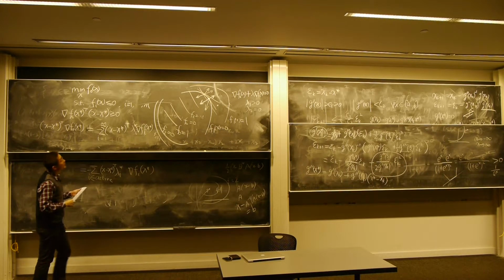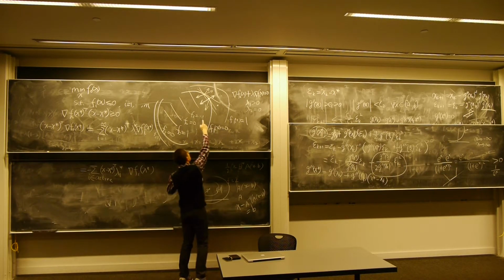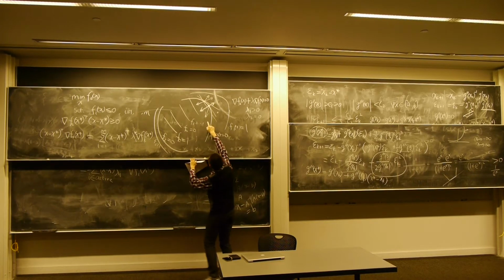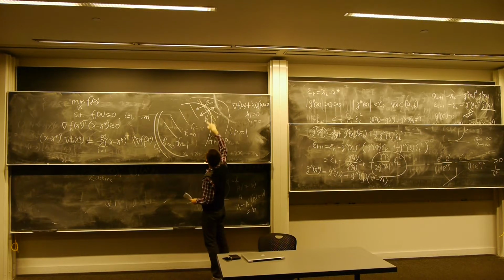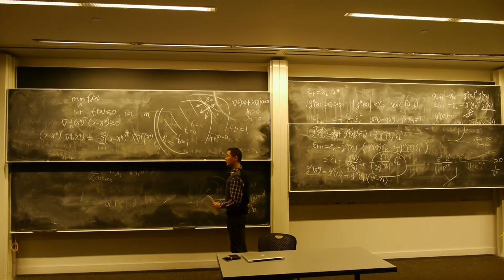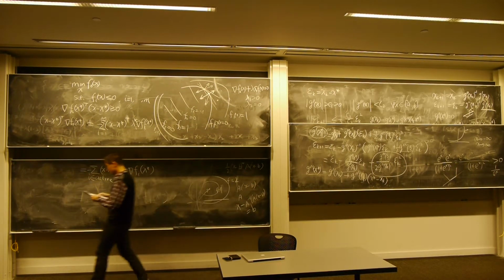So algebraically, I want to express that my x is in this feasible region. That means the projection of this point onto the gradient of the constraint is negative. That's what I want to express next.